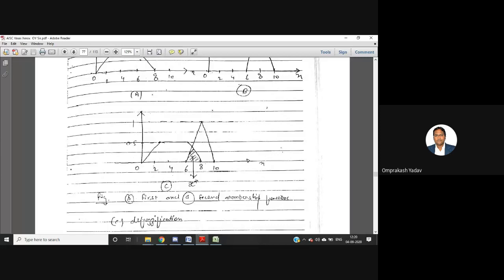Mark here X star. The first one is the first graph, the second is the input graph, and this C is your final graph which we normally make.